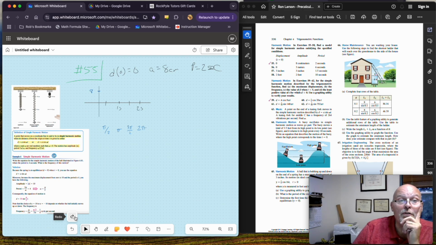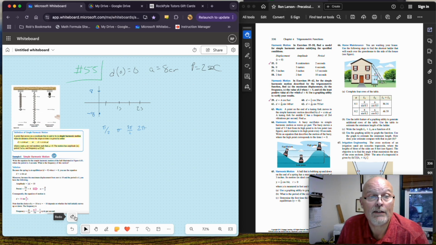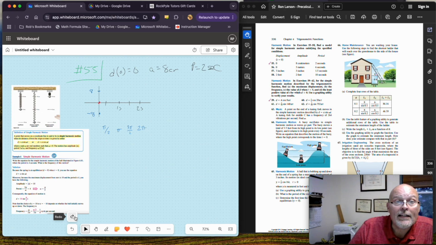All right, my amplitude of 8 means my sine wave is going to go up to 8 and down to -8. And then d of 0, meaning the displacement at time 0 is 0, meaning we're going to use the sine function because the sine starts at 0. Plot my sine at pi over 2, or 1/2 second.